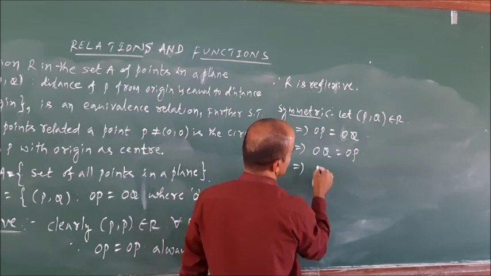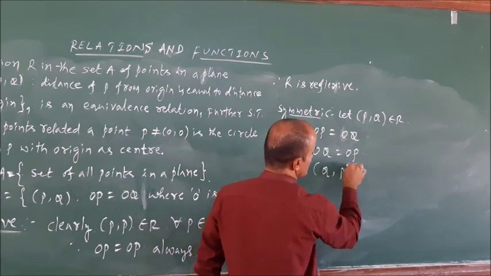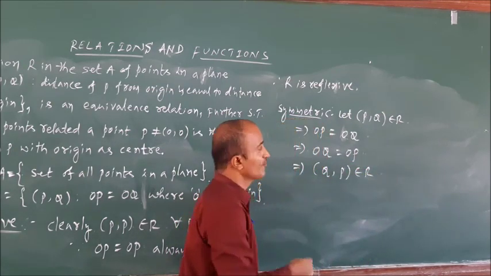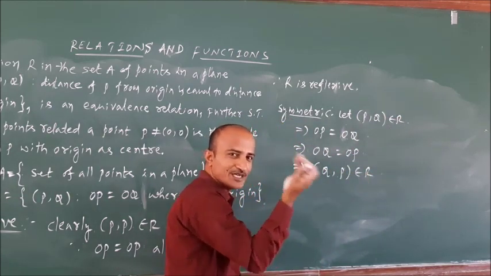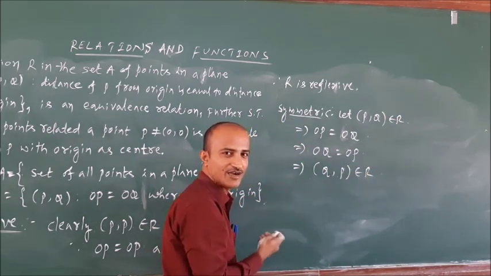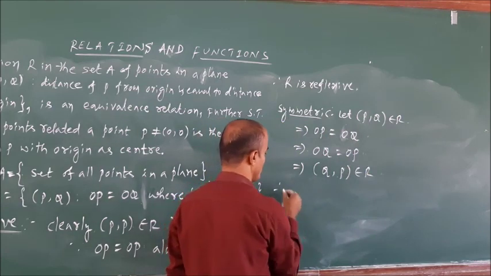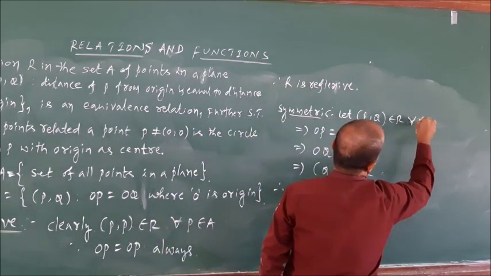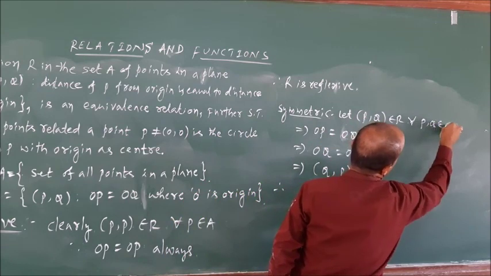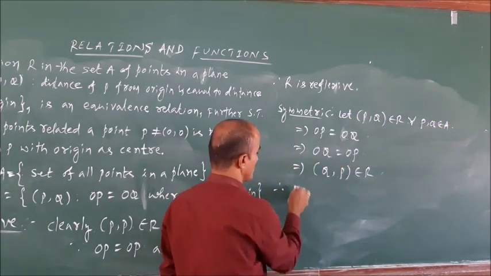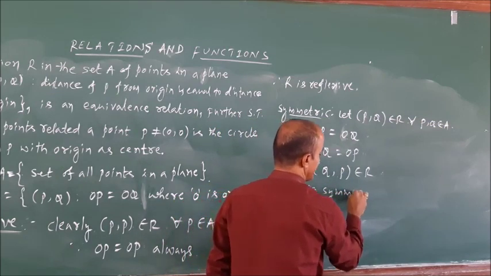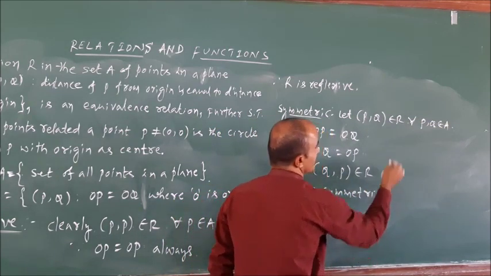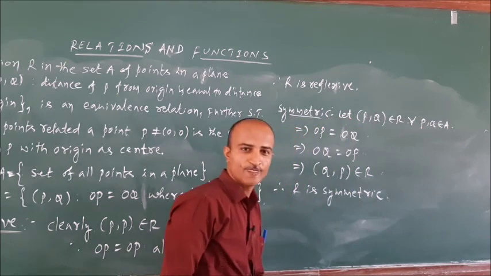That implies (Q, P) belongs to R. When (P, Q) belongs to R implies (Q, P) belongs to R, by the definition of symmetry, clearly R is a symmetric relation. Therefore, for all P, Q belonging to A, R is symmetric. Don't forget to write where the elements belong to.